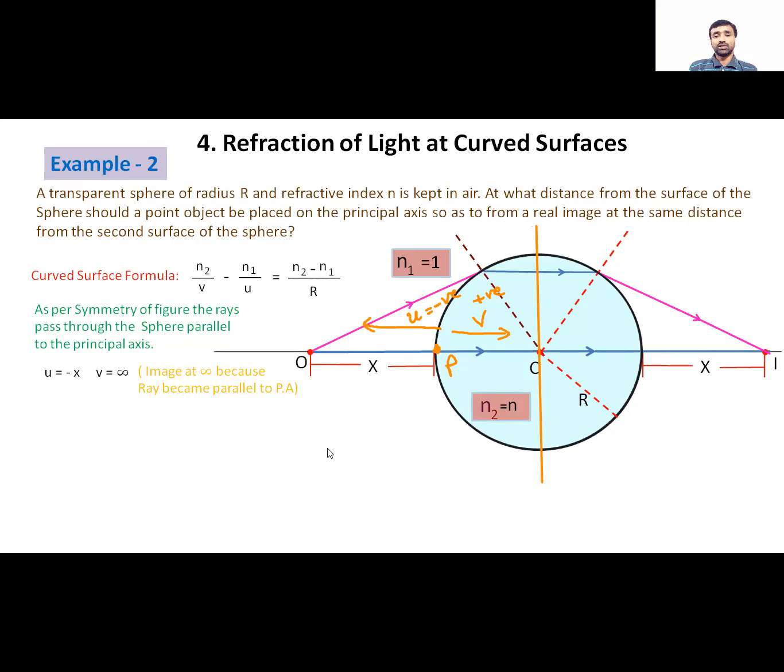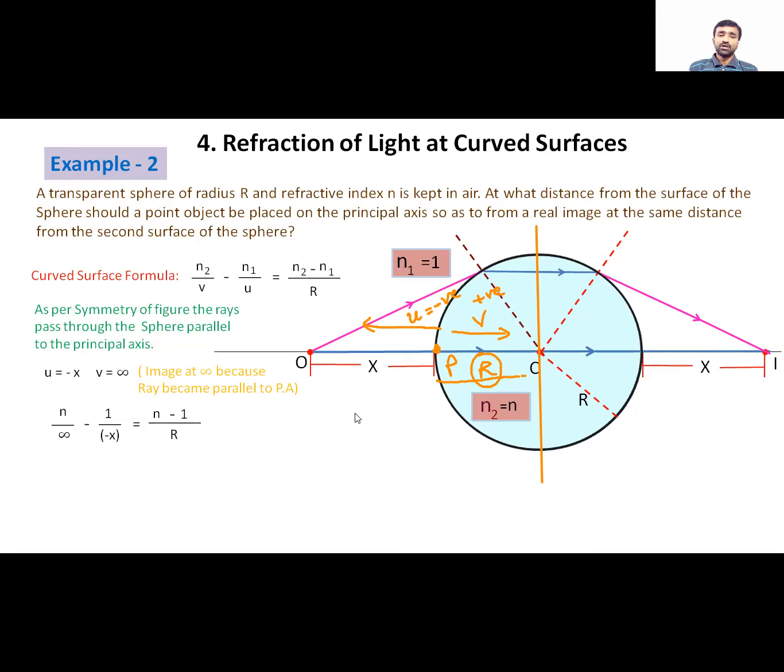N2 equal to N. V equal to infinity. N1 equal to 1. U equal to minus X. And N minus 1 by R, where the radius of curvature is also measured in the direction of the incident light ray, the distance between the pole and the center. So it is also taken to be positive. According to that, I substituted in the equation.